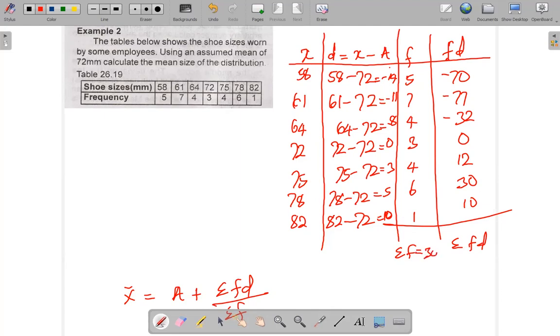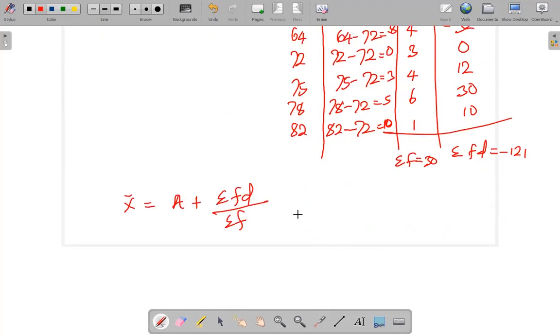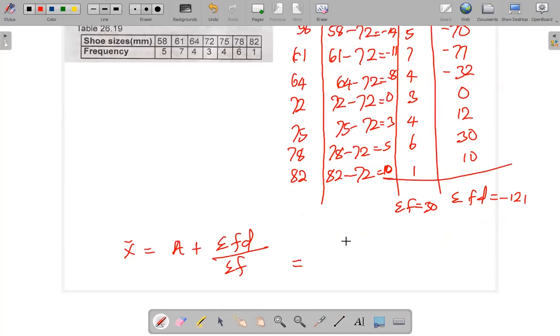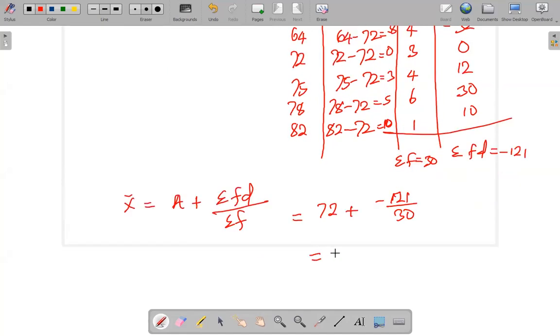So this is 30. Therefore, the arithmetic mean will be the assumed mean, which is 72 according to the question, plus negative 121 over 30, which is negative 4.03.